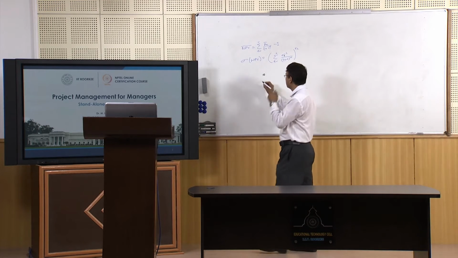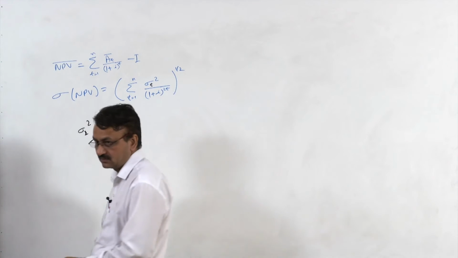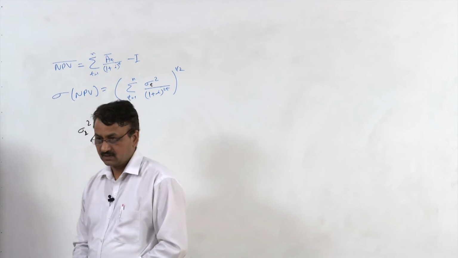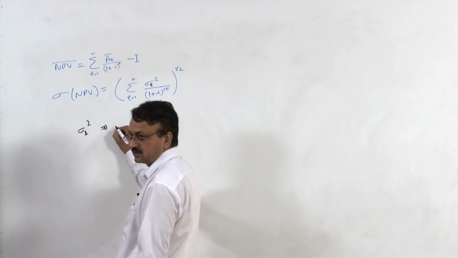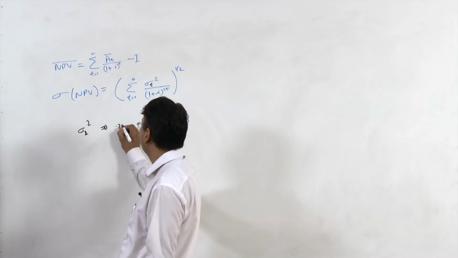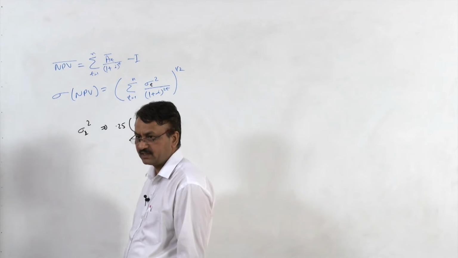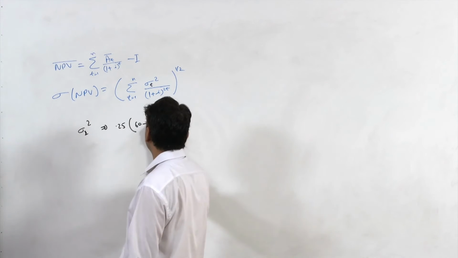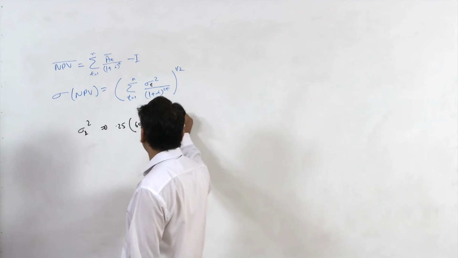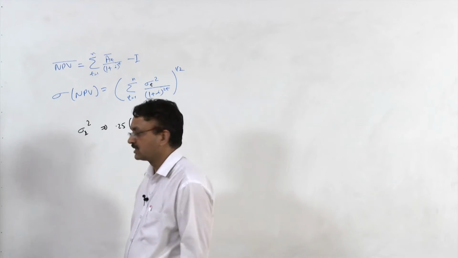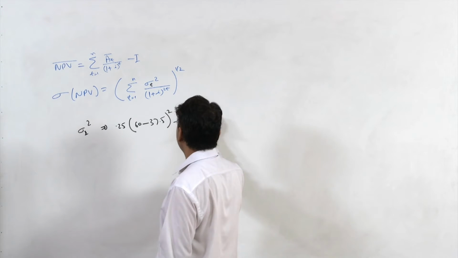Then for the second year, how would you do it? For the second year, you should start like this. First is probability 0.25, right. 60 minus the expected cash flow of the second year, which is 37.5, right. Then its square, plus the second probability, 0.5, right.